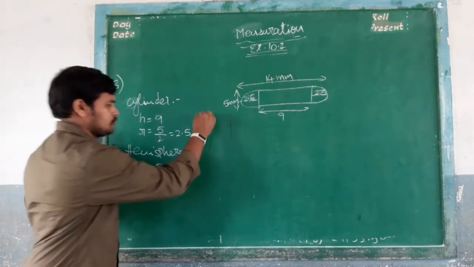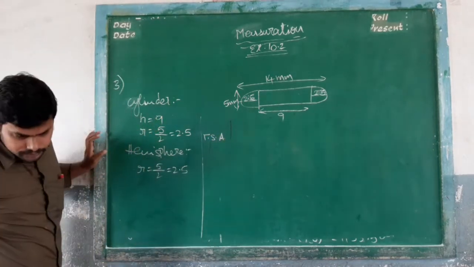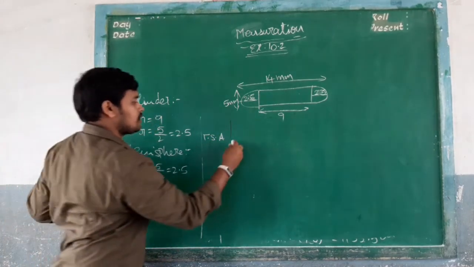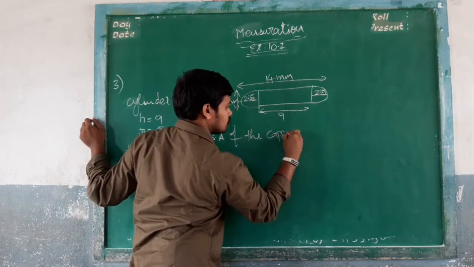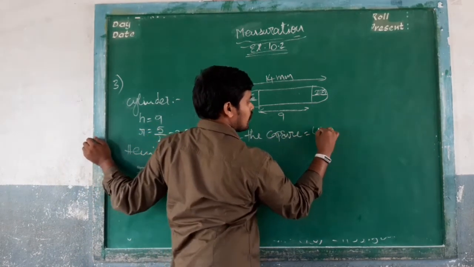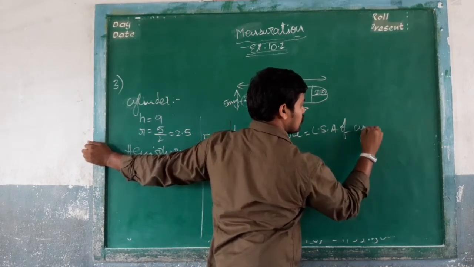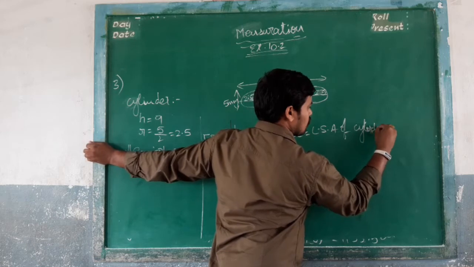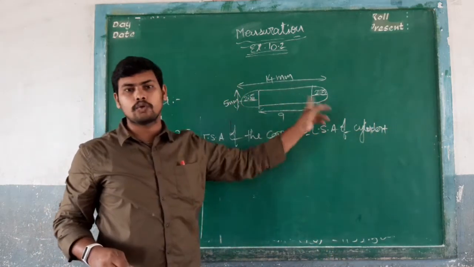Now the total surface area of the capsule. So the lateral surface area of the cylinder plus, here there are two hemispheres.